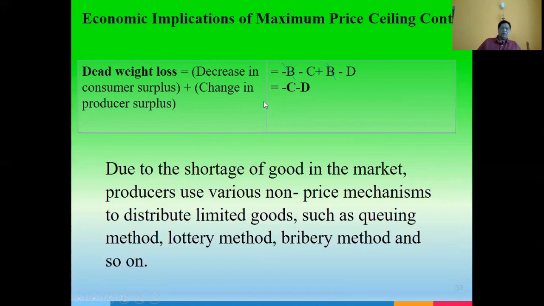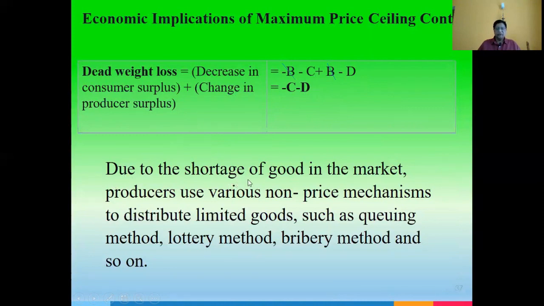As I discussed just now, the decrease in consumer surplus is given by the area of BC, minus B minus C. Then the change in producer surplus is plus B minus D. When we cancel out negative values against positive values, you will get minus D and minus C as deadweight loss.